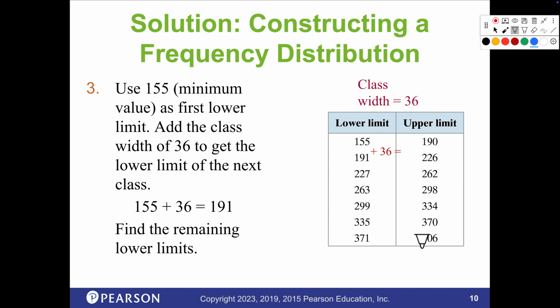So it's just kind of a little tedious, and I think in the homework you'll have one where you're given a block of data and basically asked to do the same thing. Just make this little chart. So we've got our classes. What's the other thing we need for a frequency distribution?